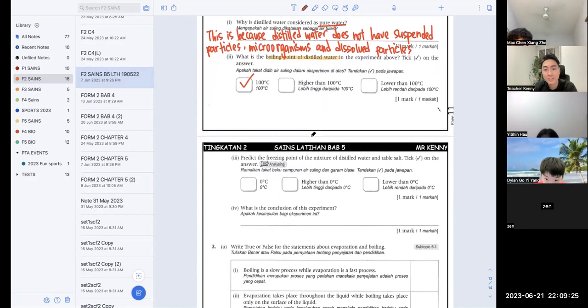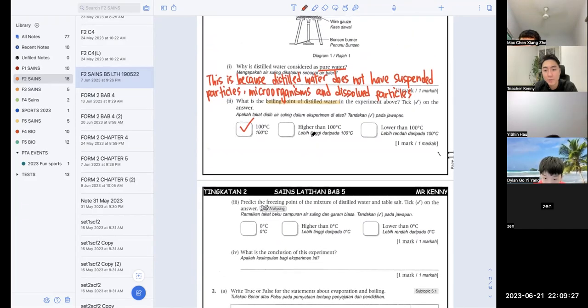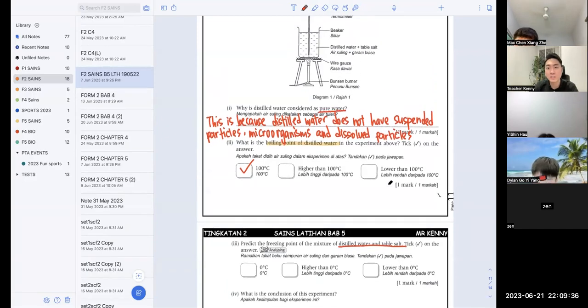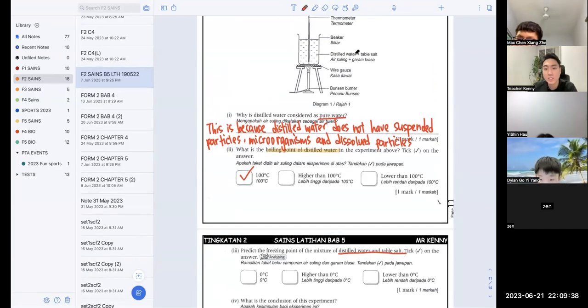All done, huh? Now, number 3. Predict the freezing point of the mixture of distilled water and table salt. What is the boiling point of distilled water in the experiment above?